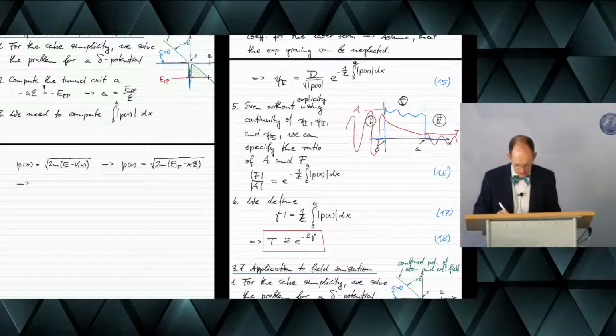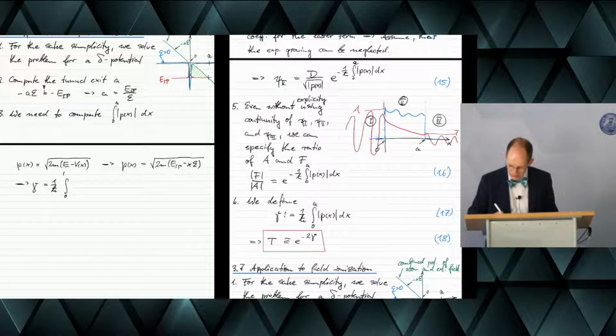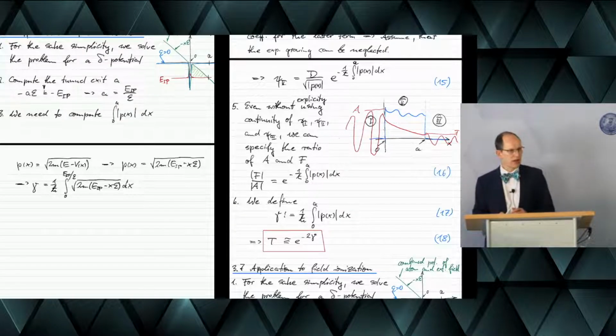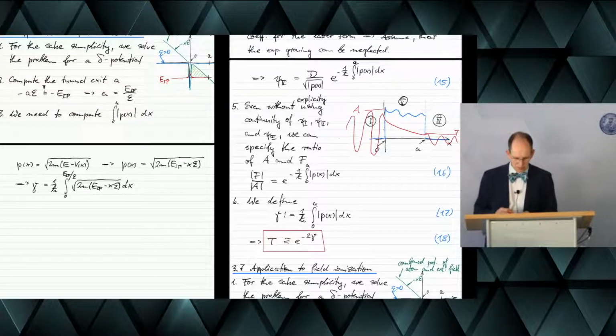So this results in gamma equals 1 over h bar, and then we integrate from 0 to A, but for A we found EIP over E. And we have 2m times ionization threshold minus this dipole interaction here. And then we have to integrate that. Because I don't know how to do that, I just asked Mathematica.